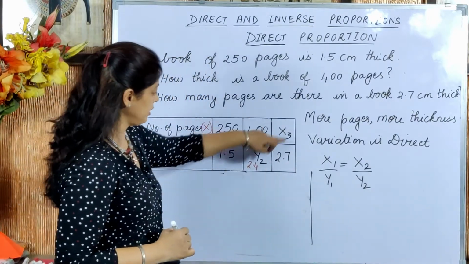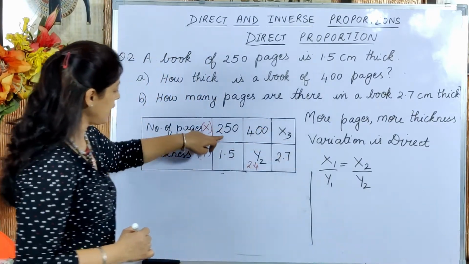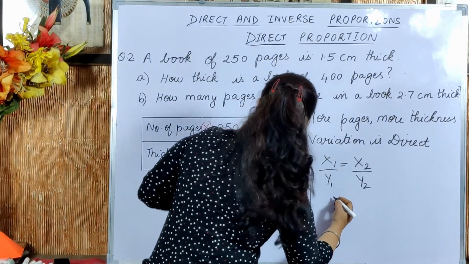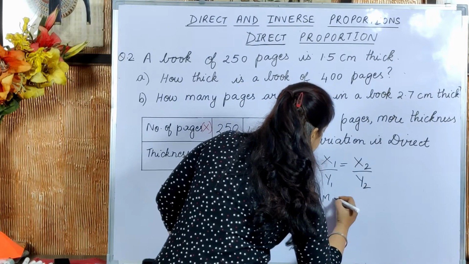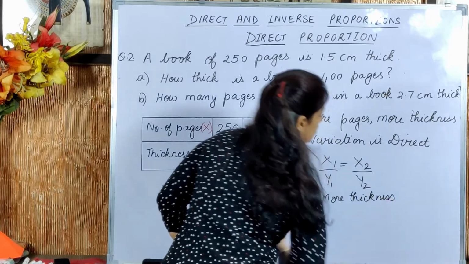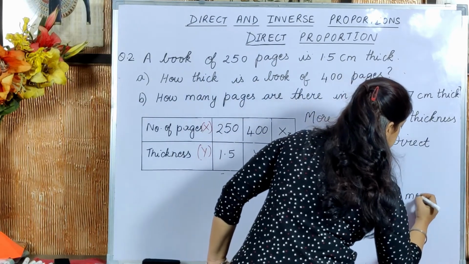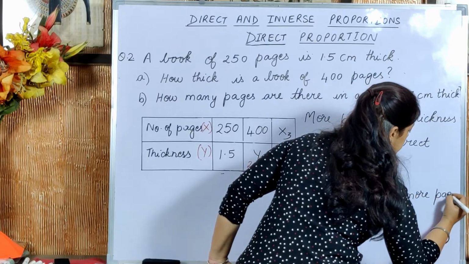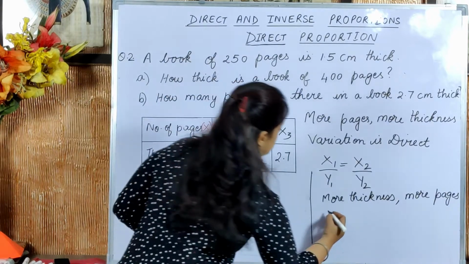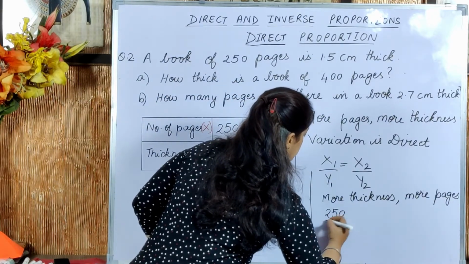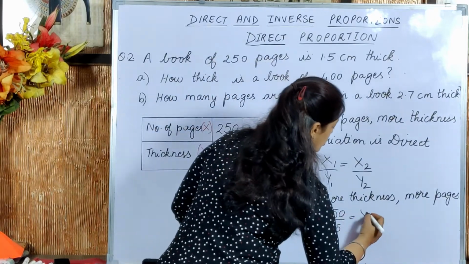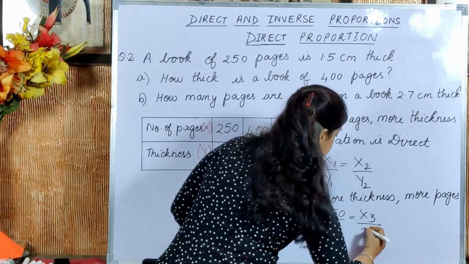So either you can take these four values and solve it, or you can take the first two values and solve with this. So if I take the first two, we know that more is the thickness, more will be the pages. More thickness, more pages, because the variation is direct. Therefore now I substitute. Again x1 is 250 upon 1.5, which is equal to x3, which is not known to me, upon 2.7.